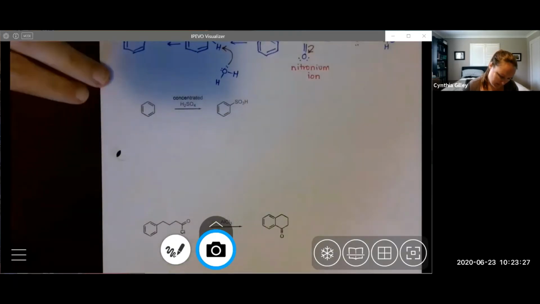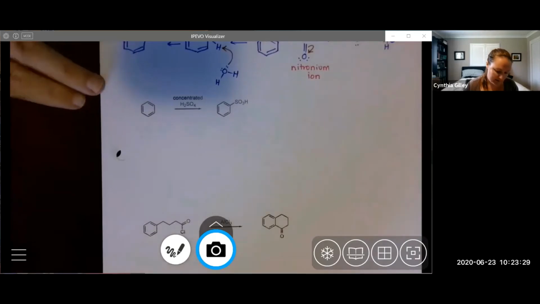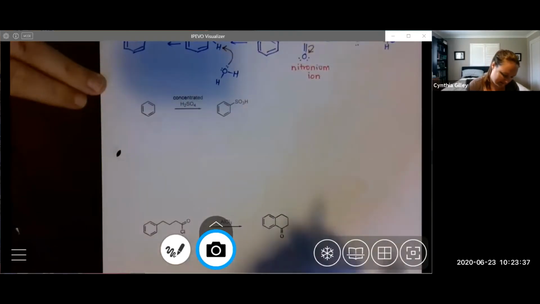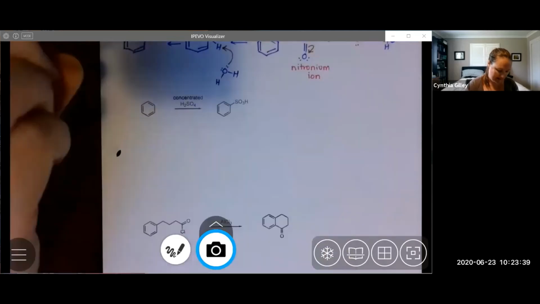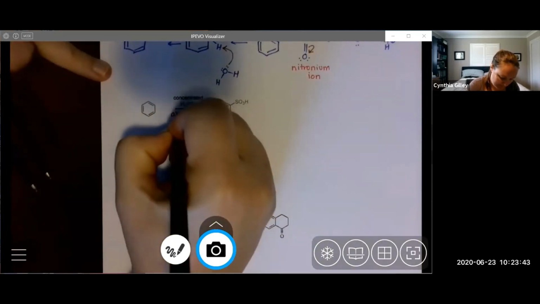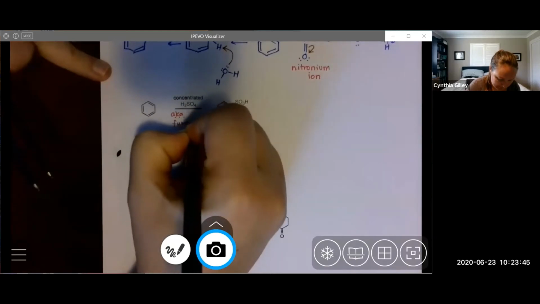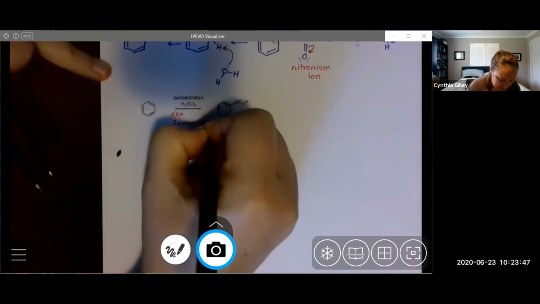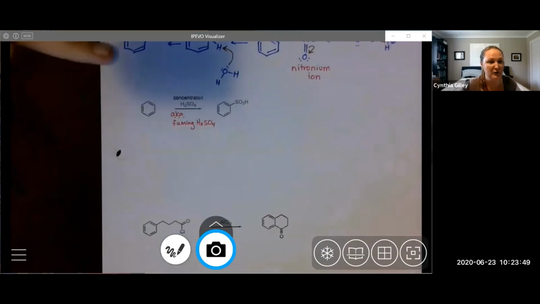Okay, so the good news with this one is we don't have to generate the active electrophile. It is already there. Concentrated sulfuric acid is sometimes known as fuming sulfuric acid, because if you open up a bottle, fumes immediately come out, noxious fumes.